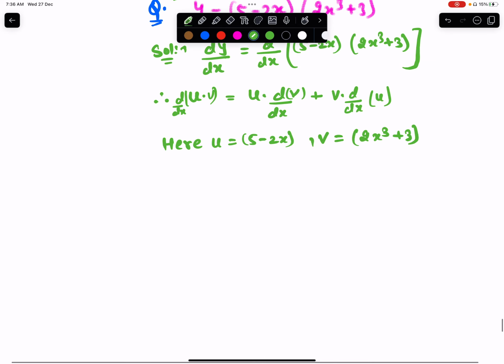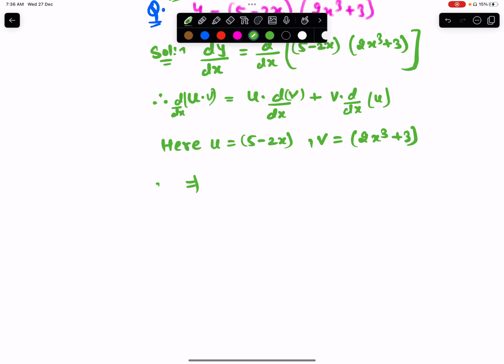So let's solve this. Differentiating, we get dy/dx equals u, that is (5 - 2x), into d/dx of (2x cube + 3), plus (2x cube + 3) into d/dx of (5 - 2x).